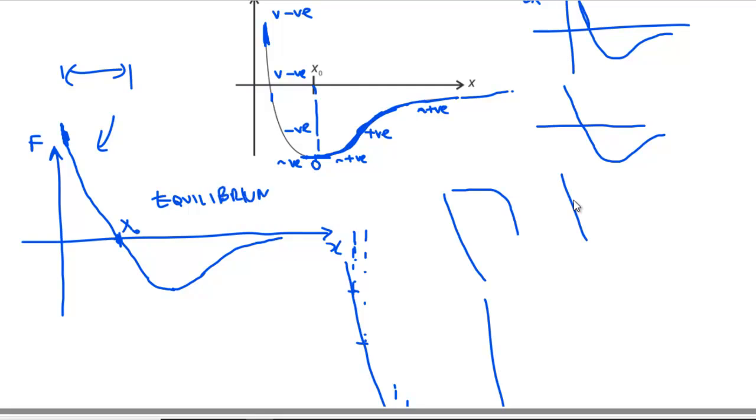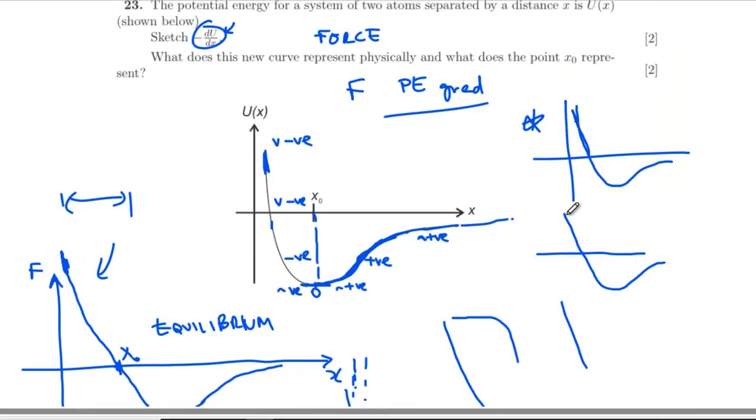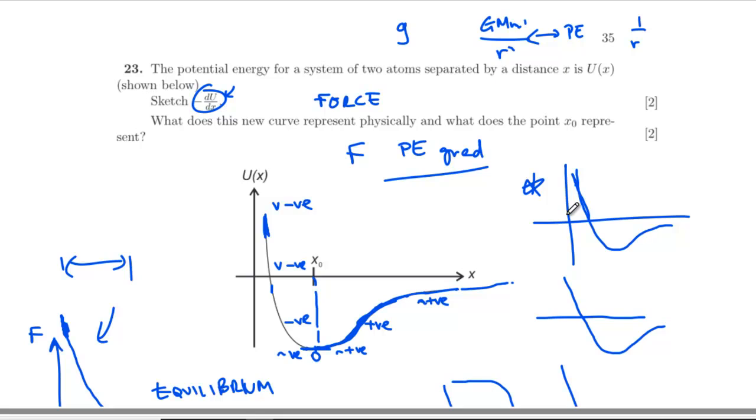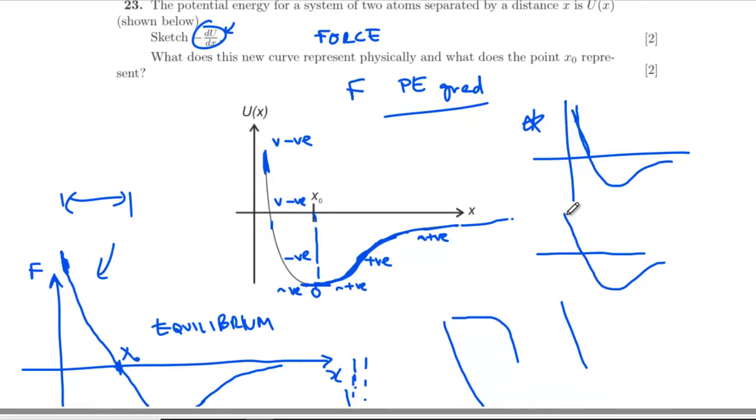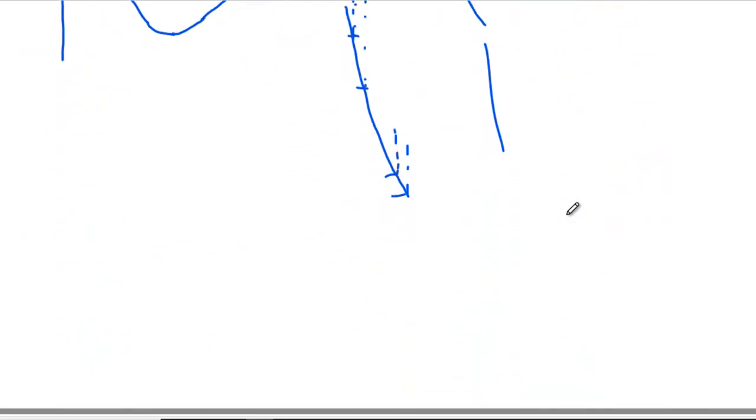So I would say this is a pretty tough question if you've never seen it before. If you have seen it before, probably unlikely, but if you have, then it is quite straightforward. But if you haven't, that is a very difficult 4 marks to get hold of. So there you go. Anyway, that's question 23.